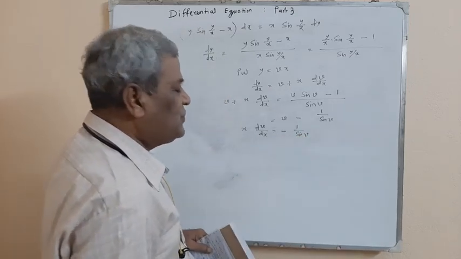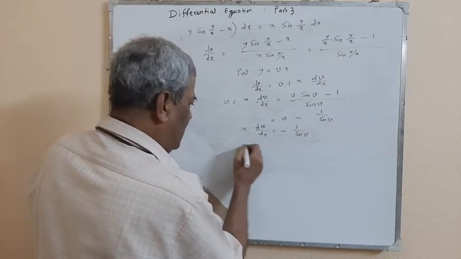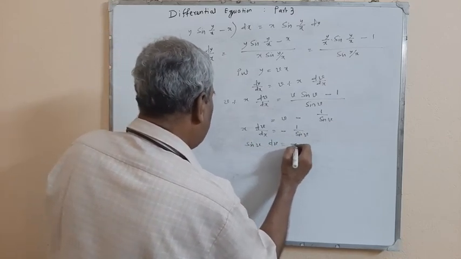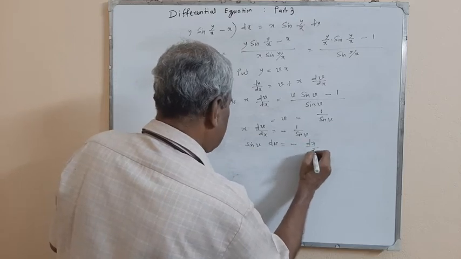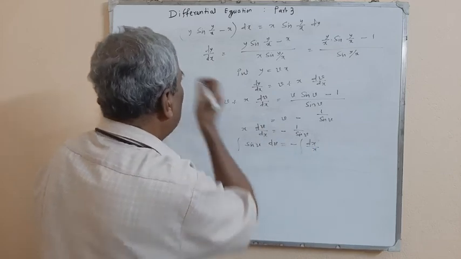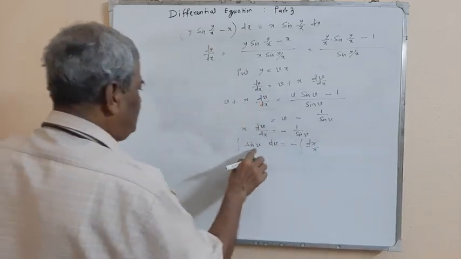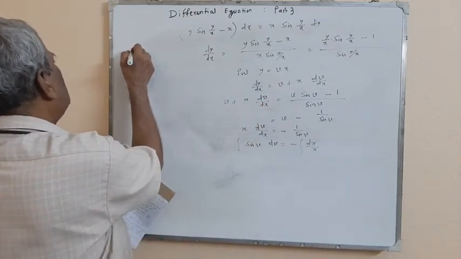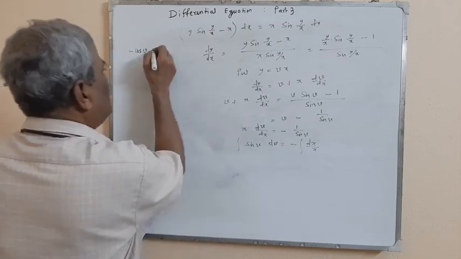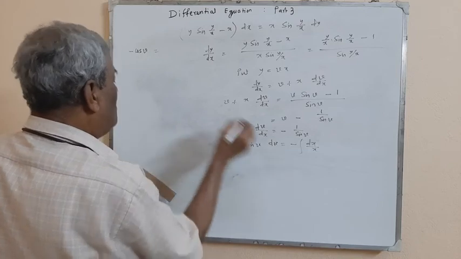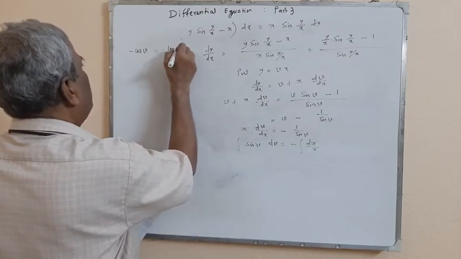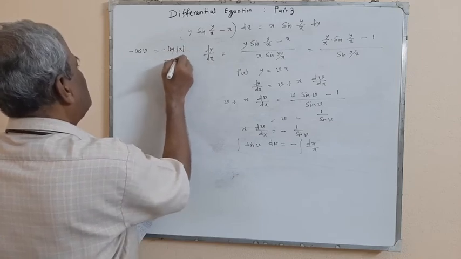Now very easily you can separate variables. It is sine v dv is equal to minus dx by x. Now integrating both sides, we must get minus cos v is equal to minus log x minus c.